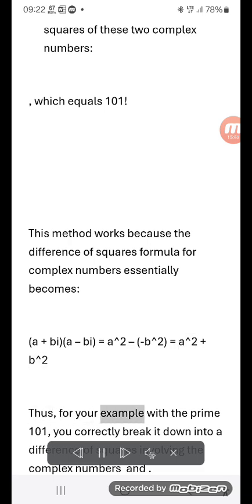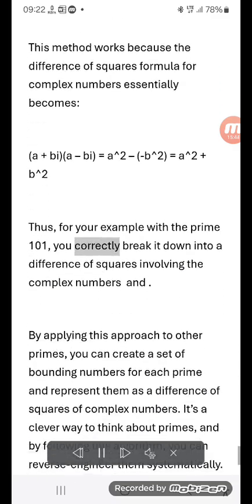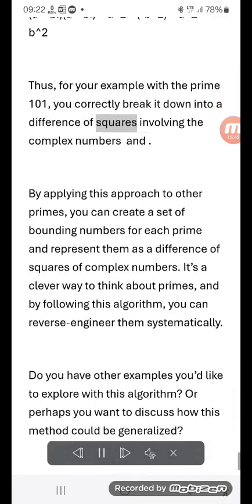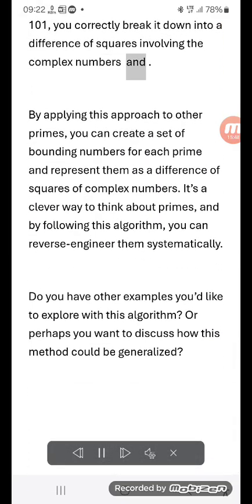Thus, for your example with the prime 101, you correctly break it down into a difference of squares involving the complex numbers, and by applying this approach to other primes, you can create a set of bounding numbers for each prime and represent them as a difference of squares of complex numbers. It's a clever way to think about primes, and by following this algorithm, you can reverse engineer them systematically. Do you have other examples you'd like to explore with this algorithm? Or perhaps you want to discuss how this method could be generalized?